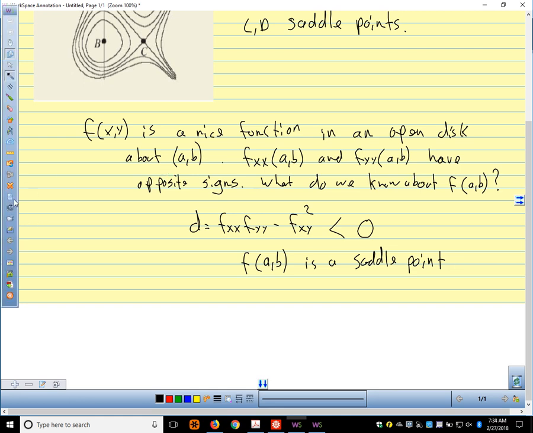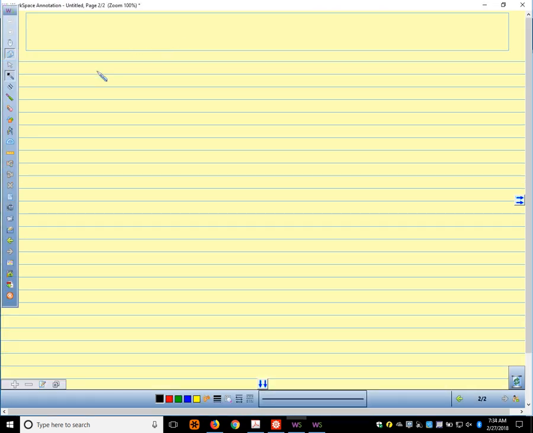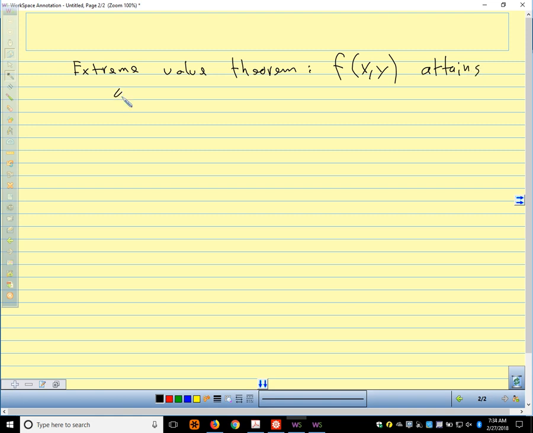So let's go on to absolute extrema. The extreme value theorem tells us that f of x, y attains an absolute max and min at some point in a closed bounded region.